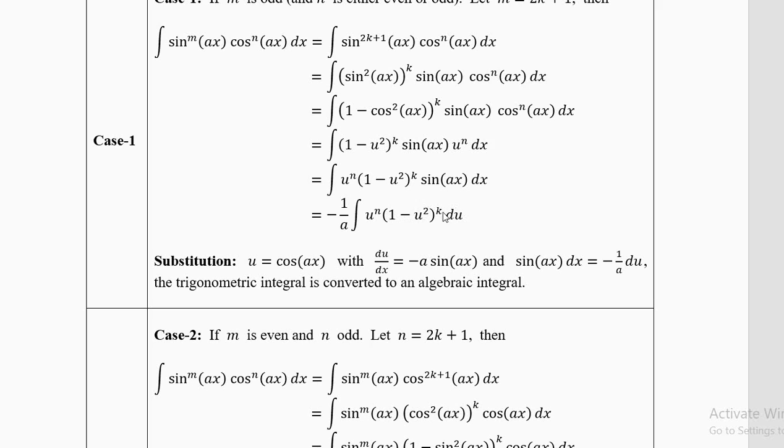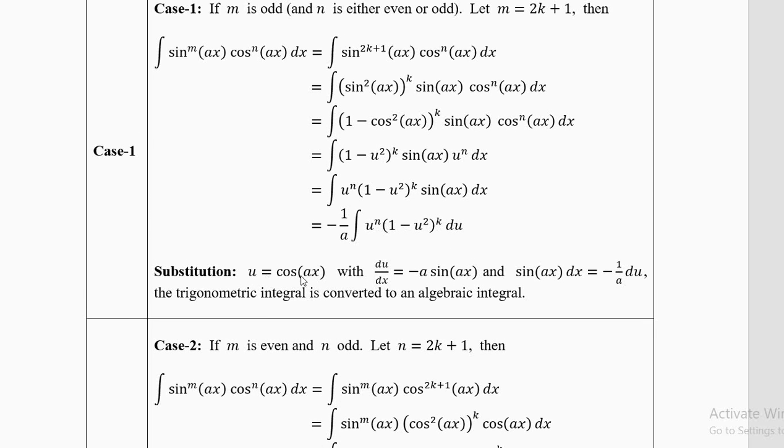Now we have to open the bracket here, 1 minus u square whole power k, using the basic identities. If k is big, then it will take more time. If k is small, then it will be a smaller question. And this we know how to integrate. And once the integration is over, we'll put back u equal to cosine ax.